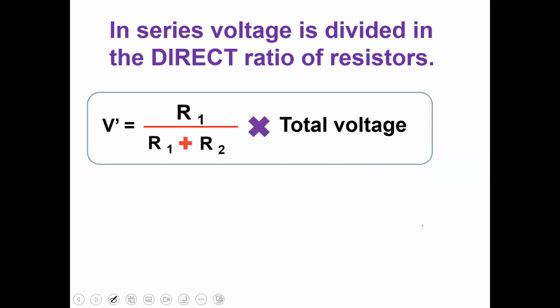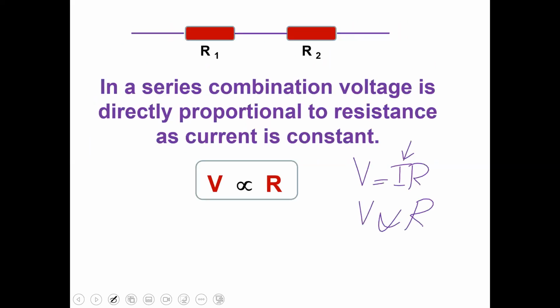Greater the resistance, greater is the voltage. Now, this formula is originally a mathematics formula, the ratio formula, and we use it here to find the voltage across a resistor.